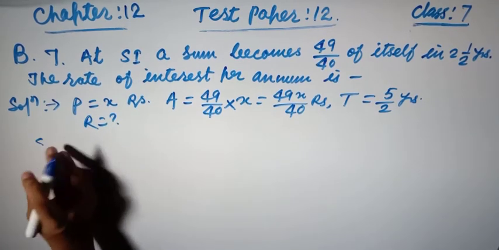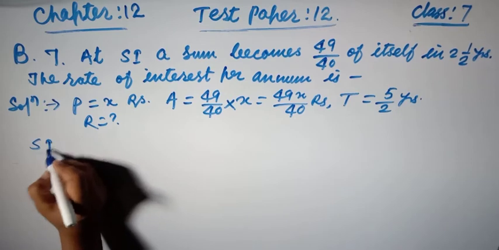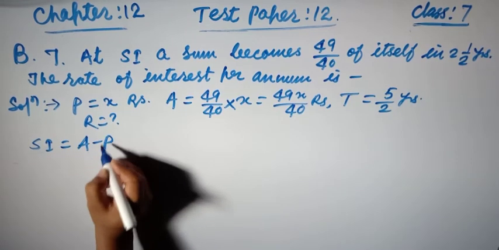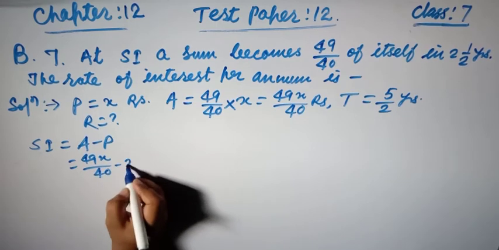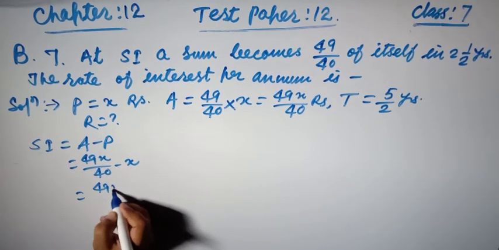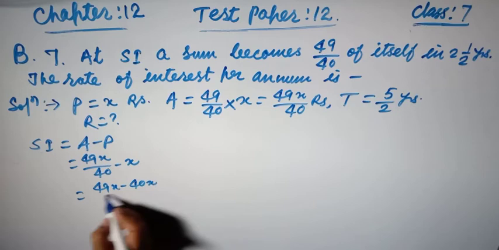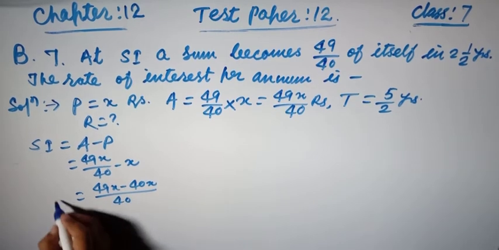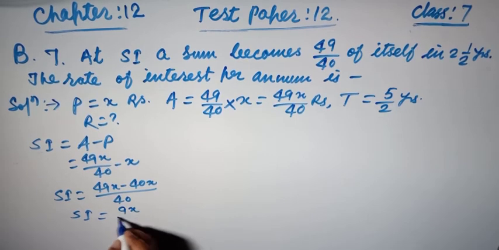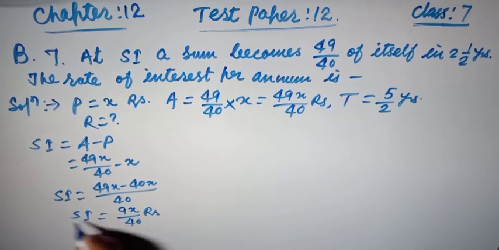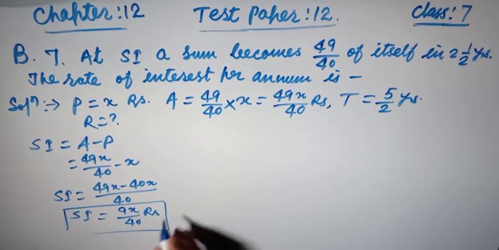Now from the formula friends, first find the SI. SI is equal to A minus P. So A is 49X by 40, P is X. This is 49X minus 40X divided by 40 friends, SI. Now SI becomes 9X by 40 rupees. This is the first thing that we need.